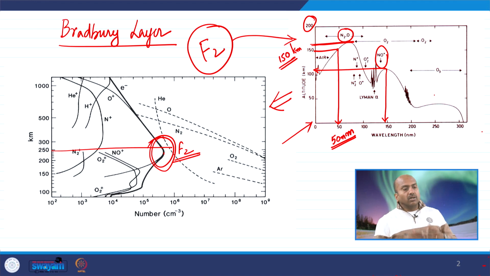It is very easy for us to believe that, of course, there is a lot of electromagnetic energy being absorbed by the gas species and resulting in the formation of ions and electron density, right? But here there is a small contradiction in which you are getting maximum electron density at a height at which there is little absorption, right? So, what is the reason that we are experiencing something like this?